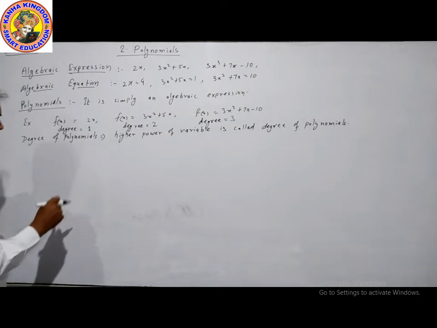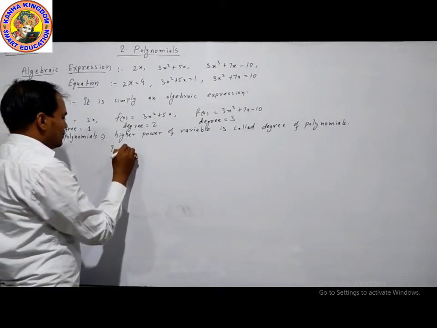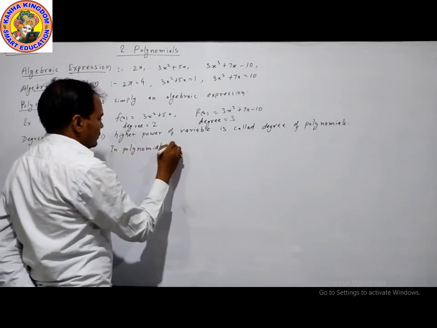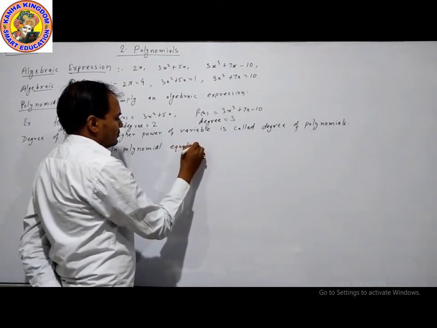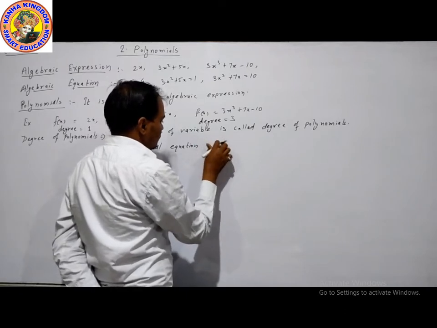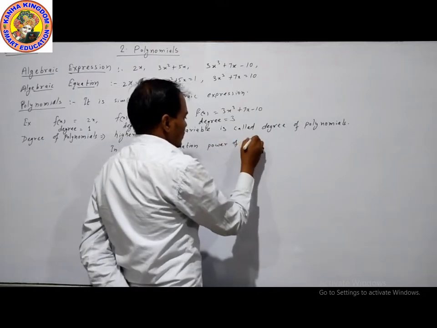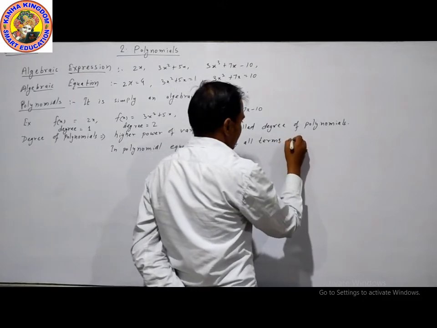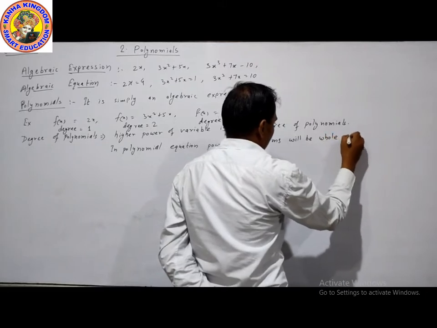Now, one important thing: in a polynomial equation, the power of all terms will be a whole number.